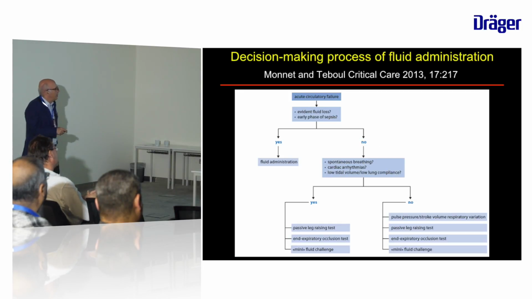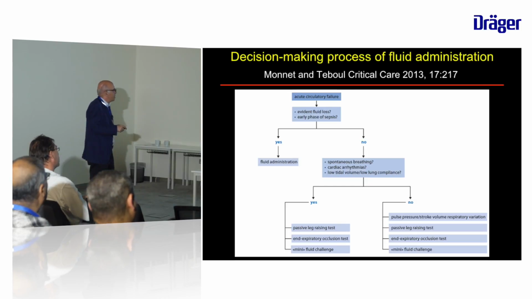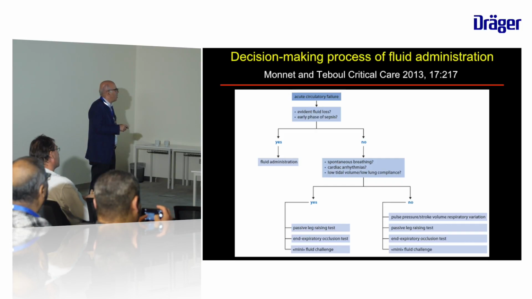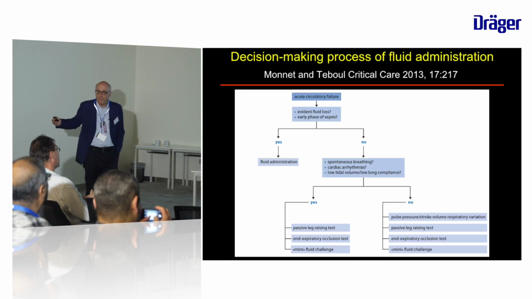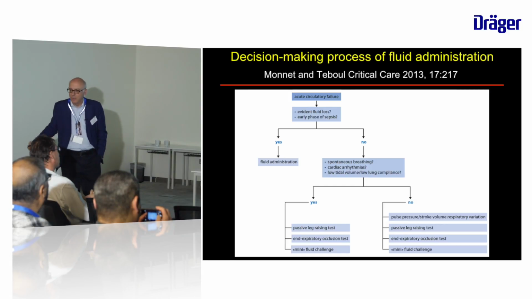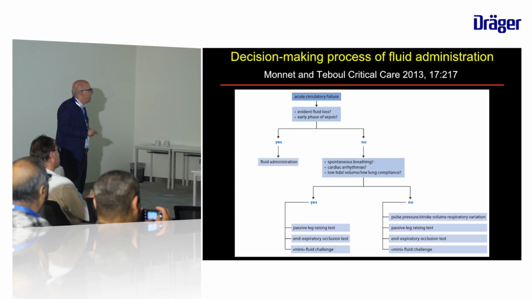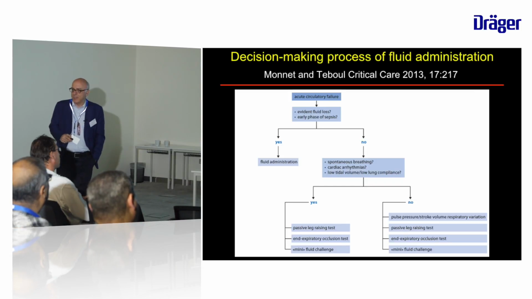So to conclude, we have acute circulatory failure. We have to detect, of course, if you have evident fluid loss or a very early phase of sepsis, perhaps we have to give some fluids. If you are losing fluids, we have to give fluids. If not, we have to look if you have spontaneous breathing, cardiac arrhythmias, and eventually low tidal volume and low compliance, so ARDS.